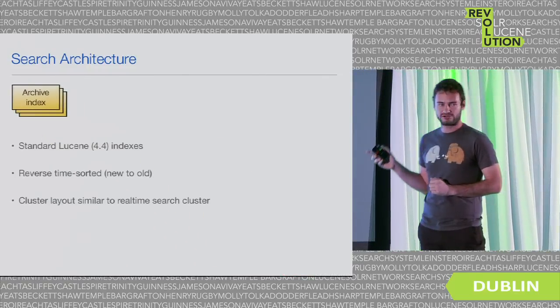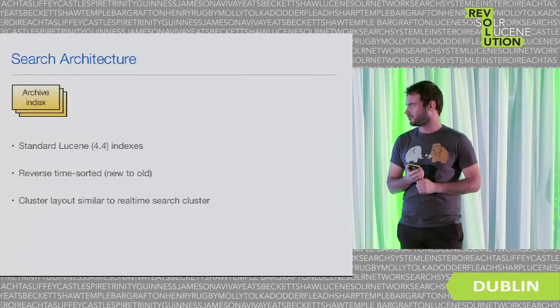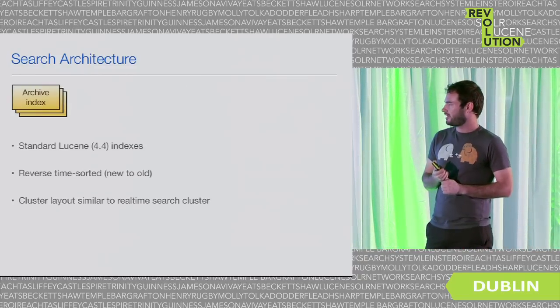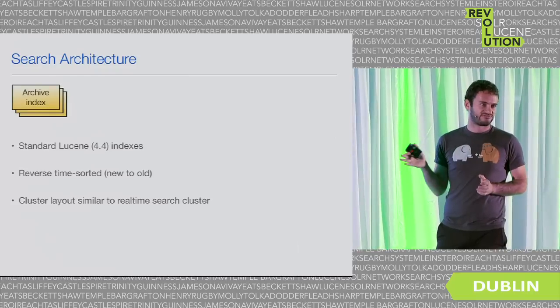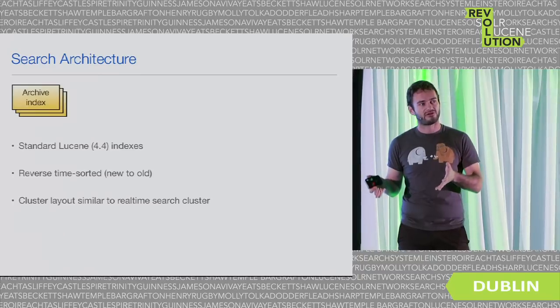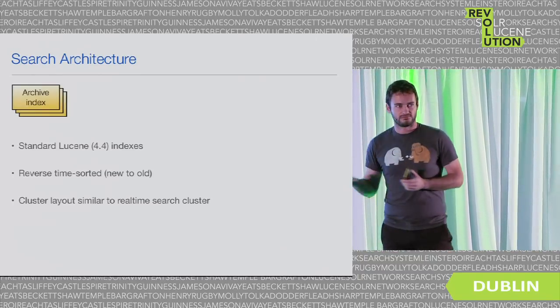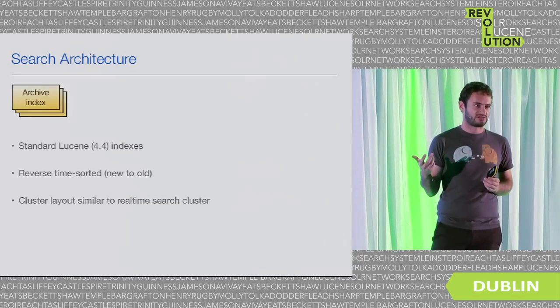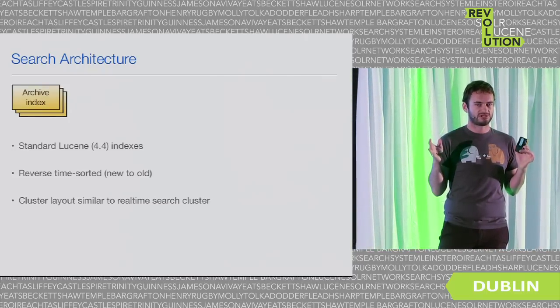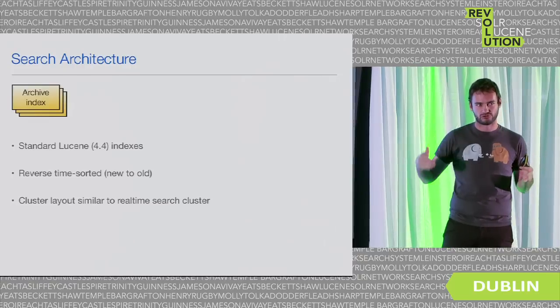These archive indexes currently are on Lucene 4.4 standard, with no changes basically to the index format. They are reverse time sorted, and that's actually an advantage of building them in MapReduce, or building them offline, that we can change the sort order of the indexes. Even if we do relevance search on Twitter, we still show the search results in chronological order, from new to old.